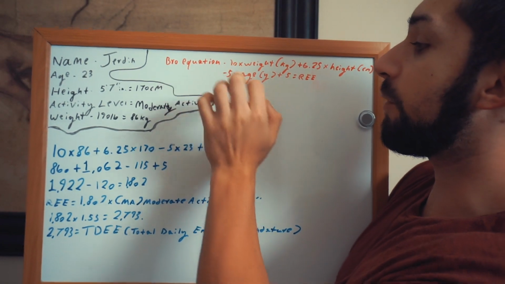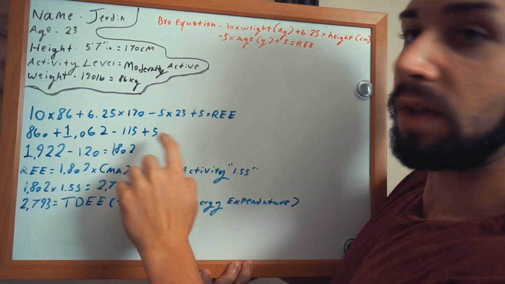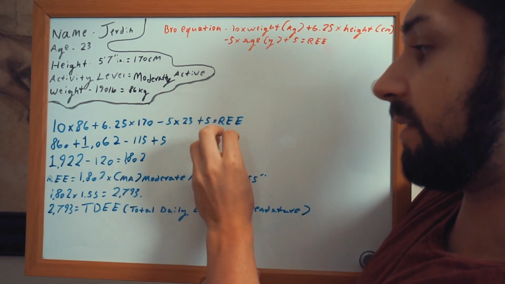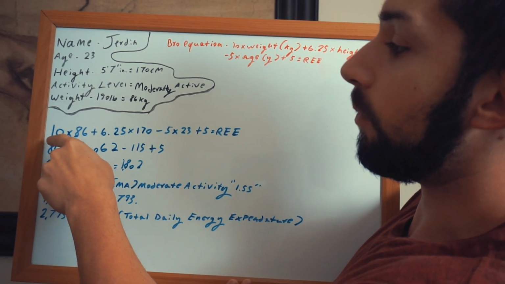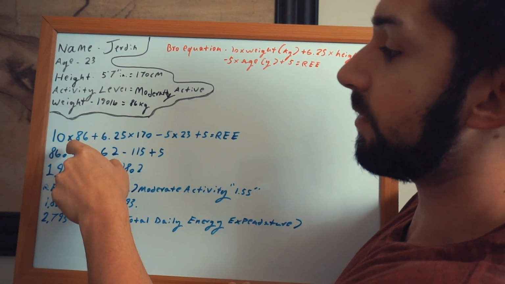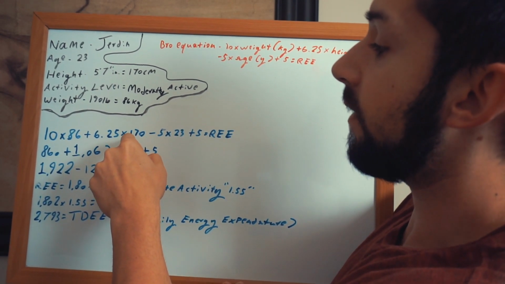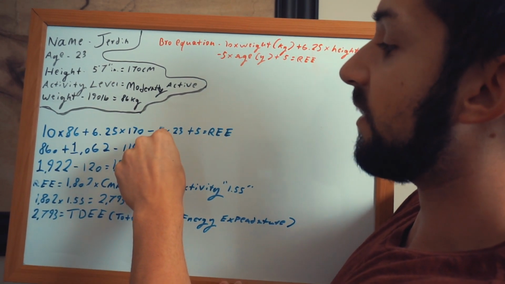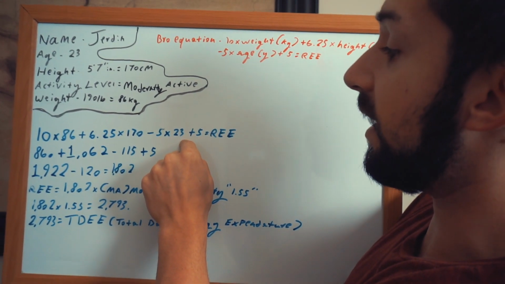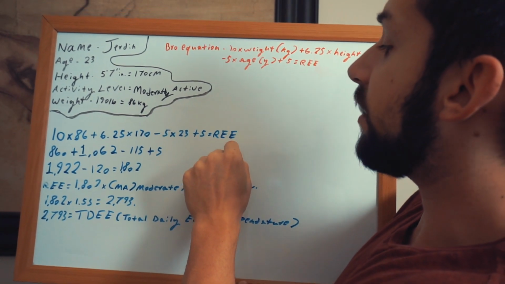So in order to take this equation and use it on myself, here's the equation written out with my stats. My body weight is 86 kilograms, so we're going to start out with 10 times 86 kilograms plus 6.25 times 170, which is my height in centimeters, minus 5 times 23, which is my age, plus 5 equals the REE.